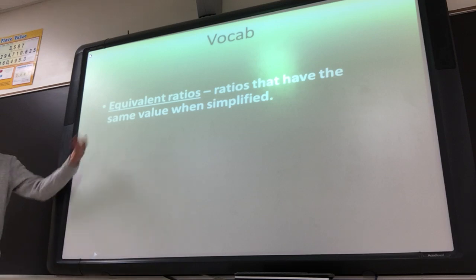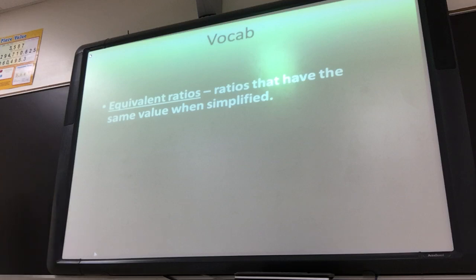And so if two ratios, when you simplify them, because remember, we can simplify ratios, if they have the same value, we call those equivalent ratios. You're going to see that term used throughout some of these questions.